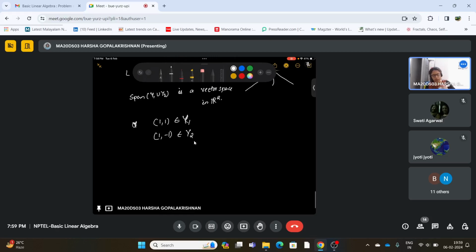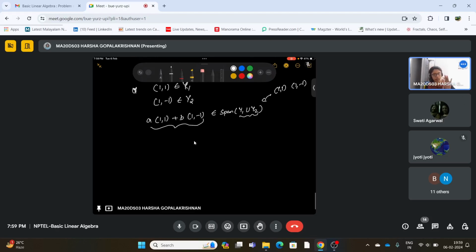Now a into (1, 1) plus b into (1, -1) should belong to the span of y1 union y2, correct? Since y1 union y2 contains the elements (1, 1) and (1, -1), a linear combination like this should belong to the span.